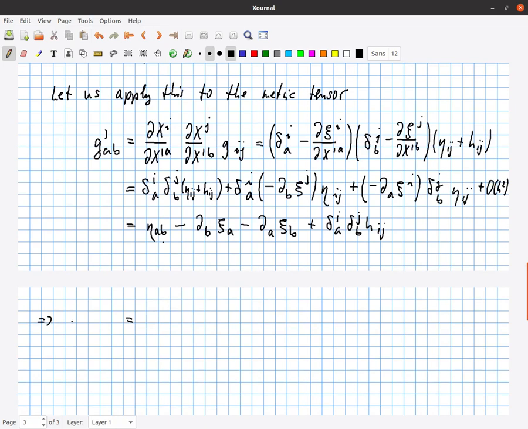Which means our final line is that the transformed metric tensor in the prime coordinate system is eta plus h minus partial a psi b minus partial b psi a. Again, notice here the natural appearance of the symmetric combination of those derivative terms.